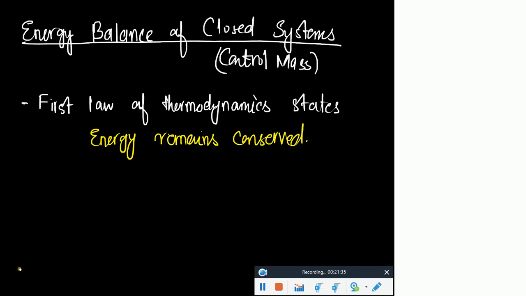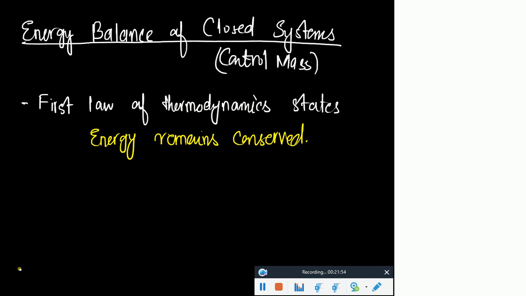And then as a result, some kind of energy content of the gas would be changed. Now, there are a few interesting points about the experiment of Joule.